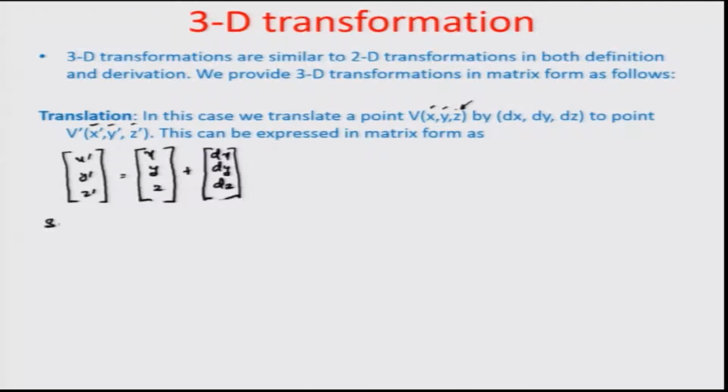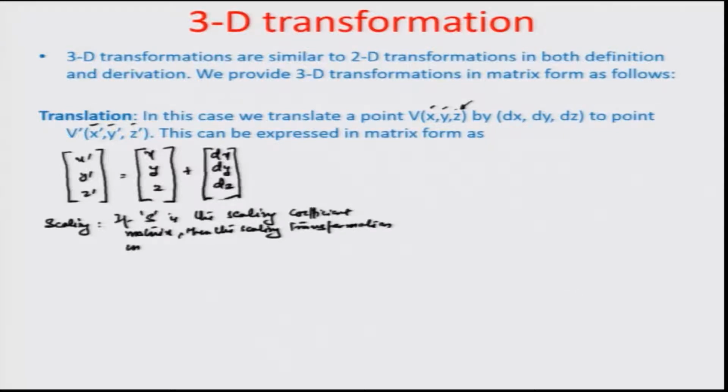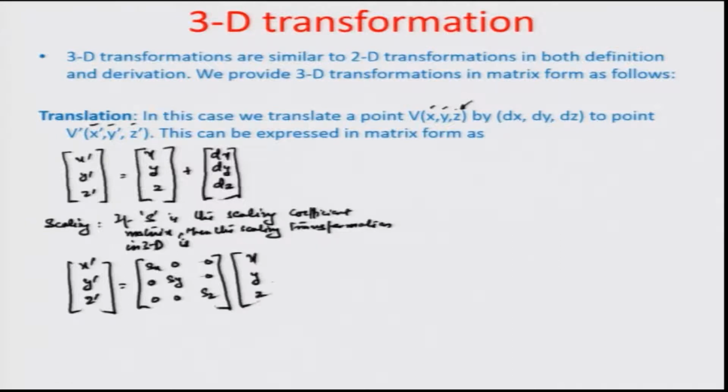Similarly, we can also represent the scaling case. In this particular case, let us say S is the scaling coefficient matrix, then the scaling transformation in 3D is given by x dash y dash z dash equals s x 0 0, 0 s y 0, 0 0 s z, times x y z.